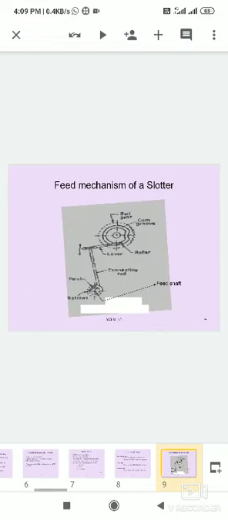This is the power feed mechanism of the slotter, shown in the figure. The roller slides in a cam groove formed on the face of the bull gear. This roller is attached to the lever and moves it up and down only during a small part of the bull gear rotation.